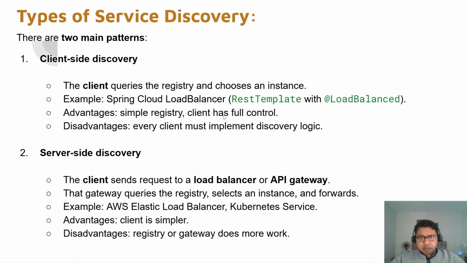Whatever the client used to do in client side discovery, all those roles are now with this load balancer or API gateway. So it queries the registry, selects an instance, and forwards which instance to be invoked. Examples: AWS Elastic Load Balancer, ELB, Kubernetes services. Advantages: client is simpler. Disadvantages: registry or gateway does more work.